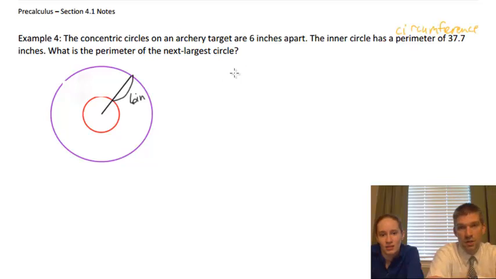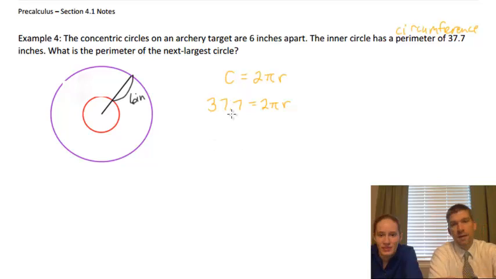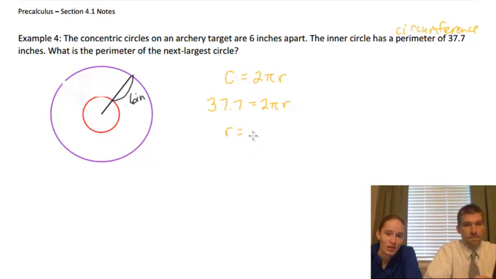Throw back to your geometry days: circumference equals 2 pi r. If the perimeter of the smaller circle is 37.7, can we find the radius from that? I believe we can. And in this case, it's okay to get a decimal answer, because they gave us a decimal, and it's a word problem. In general word problems, we would rather have decimals.